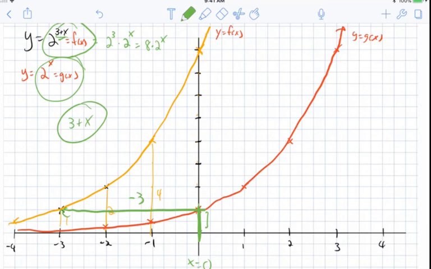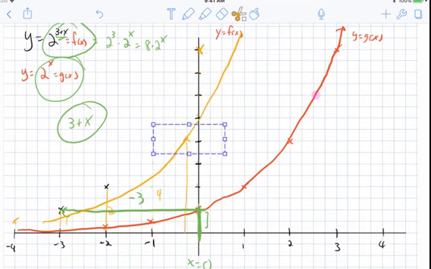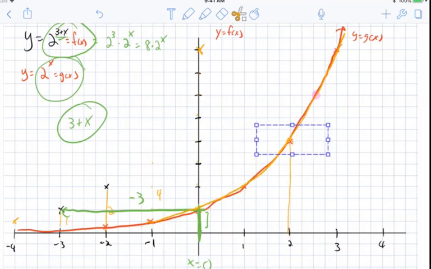So in essence, this graph over here and this graph over here have the same shape in two different ways. One of them is that if I transport the graph to the right, it's the same shape.